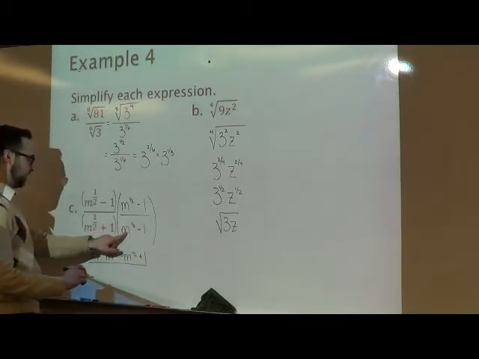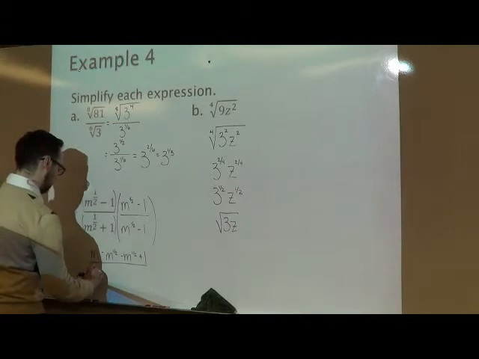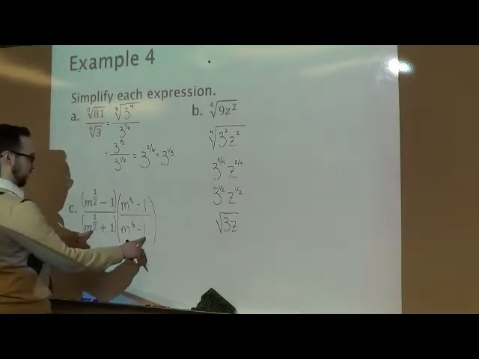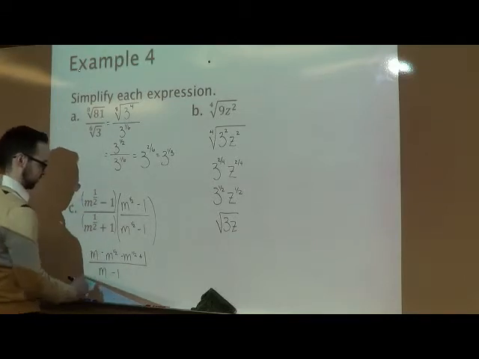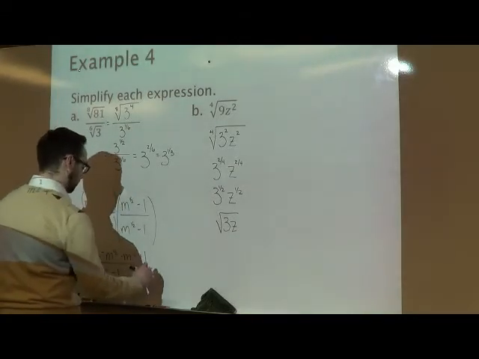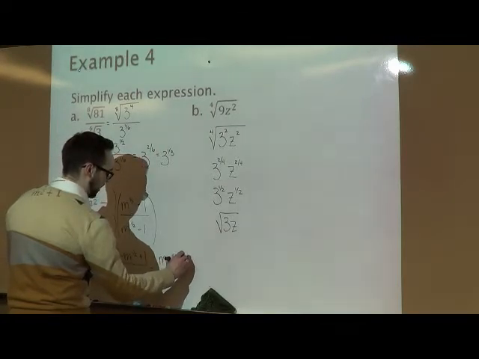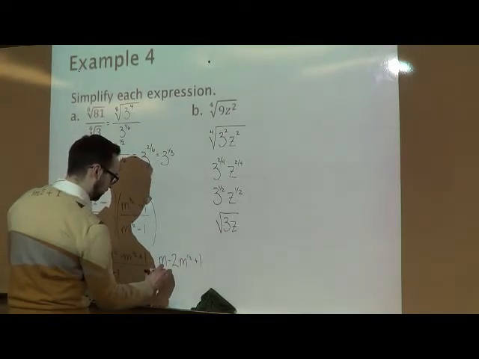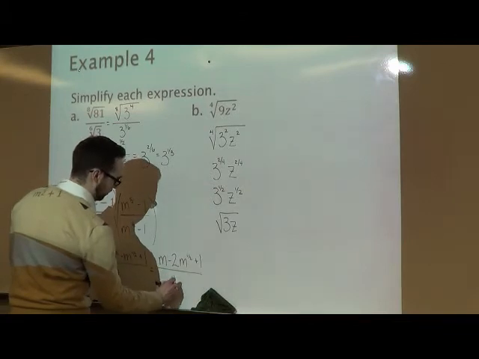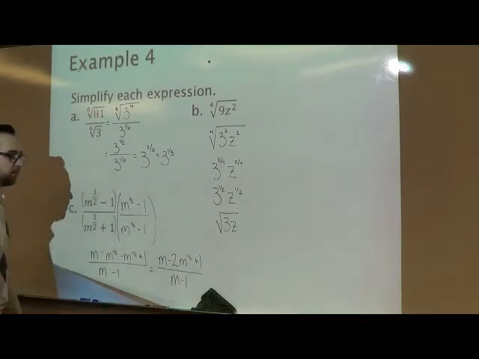All over, again, m to the 1/2 times m to the 1/2 is just m. These are going to cancel because you have plus m to the 1/2 minus m to the 1/2, and then we'll just have minus 1. So in the middle here, it turns into m minus 2m to the 1/2 plus 1 all over m minus 1.